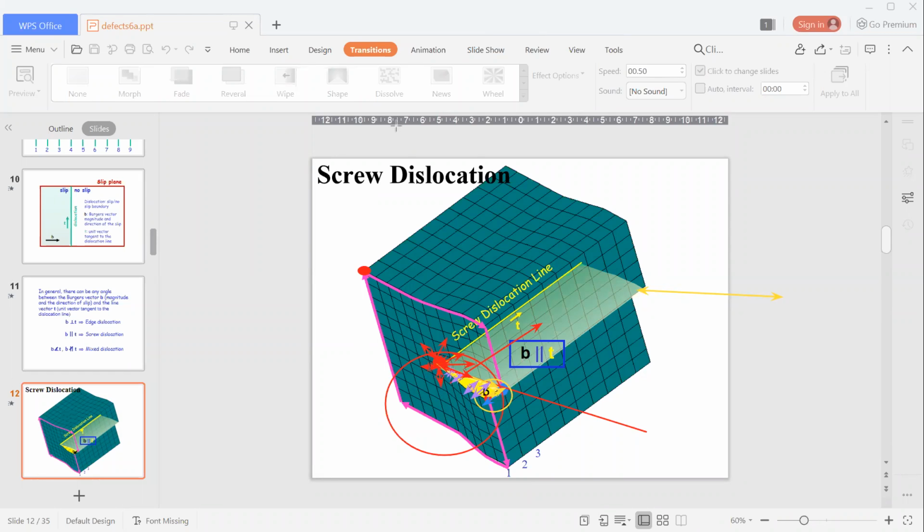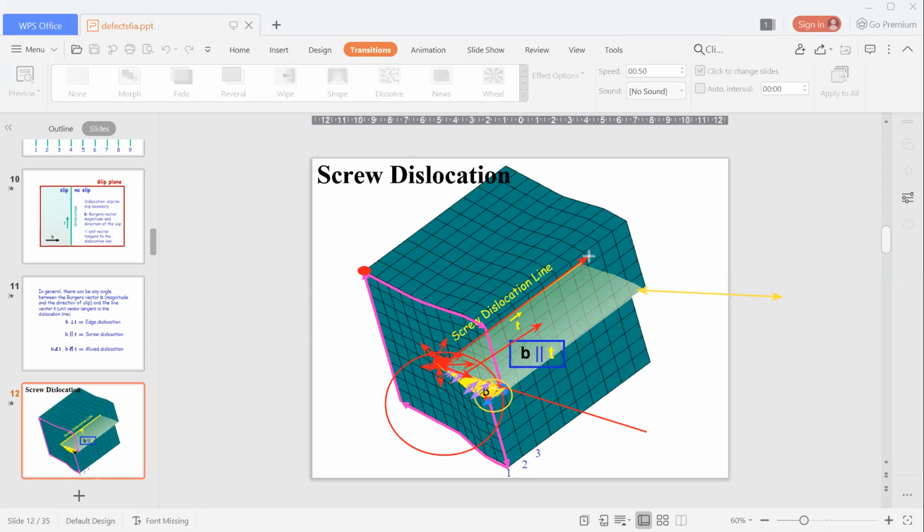So if I look inward into the solid along this T line, then you can see around this line all atoms arrange themselves as if they are on the periphery of a spiral.